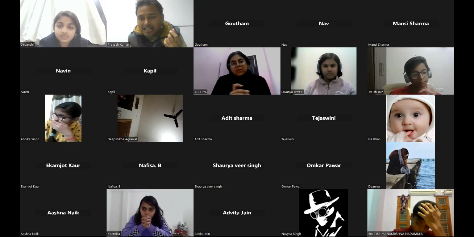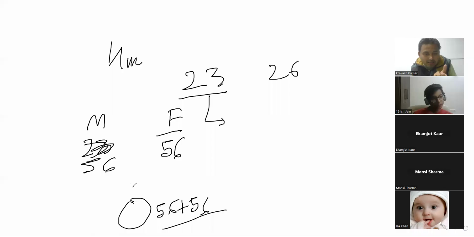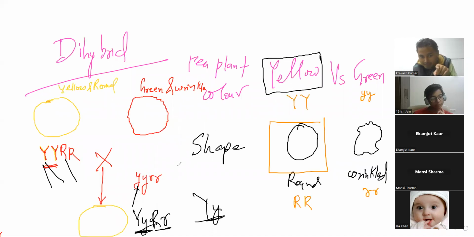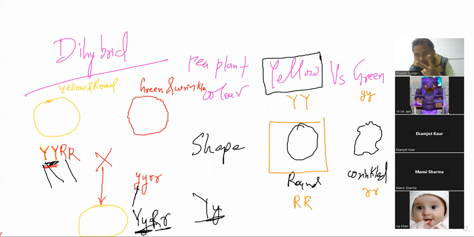That's why, if I'm taking one capital Y from here, I will take only one small y. For yellow you would write two Y's, but here one Y is representing yellow, and the small trait is also one small y, so I'm writing only one time.